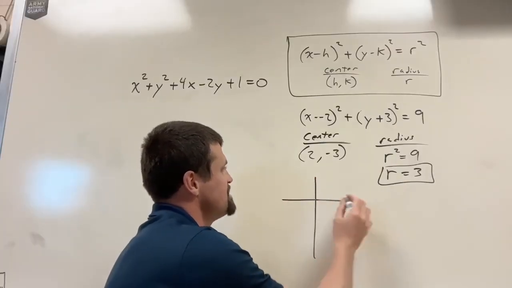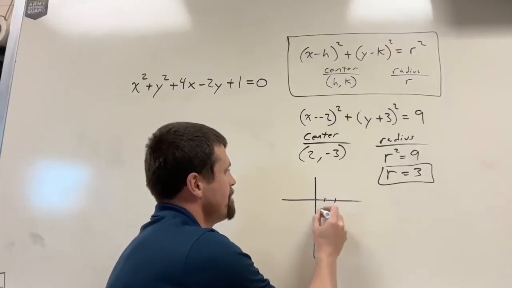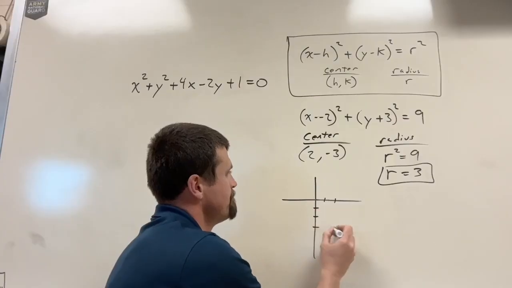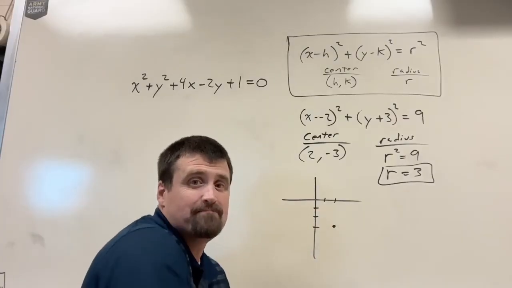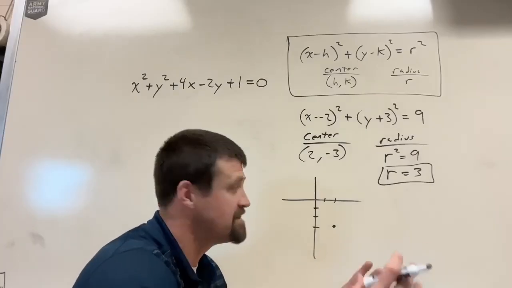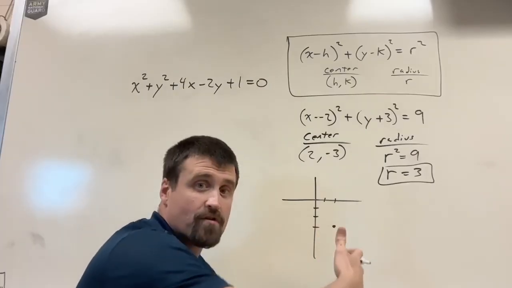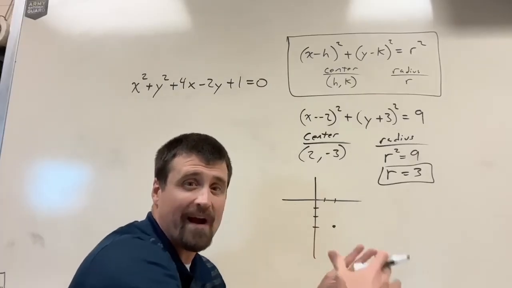If I was going to sketch this, we would start at the center, and since we're dealing with a rectangular coordinate system, horizontal and vertical are the easiest directions to go.